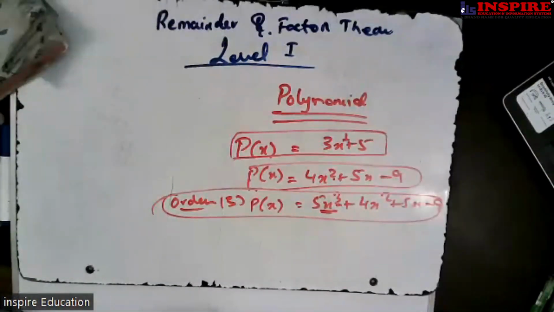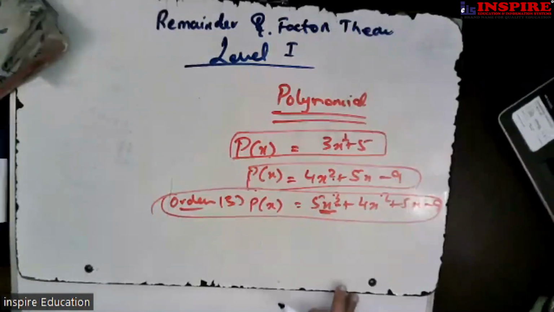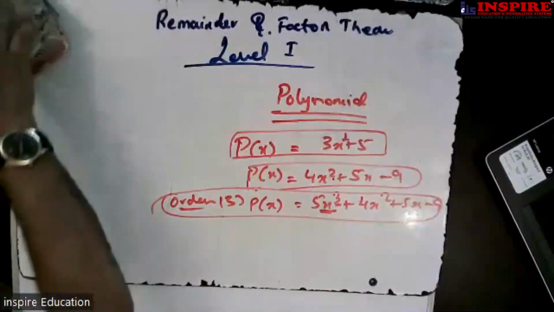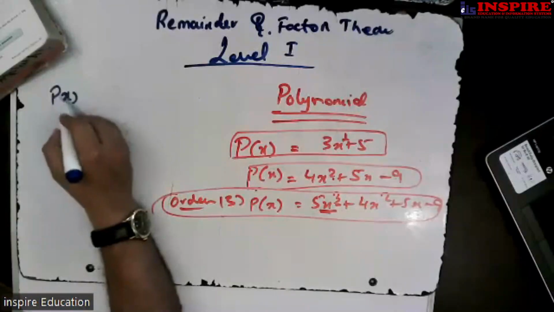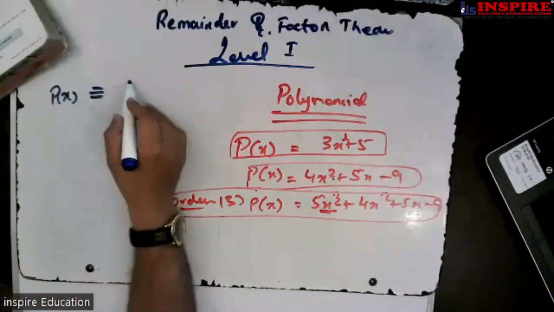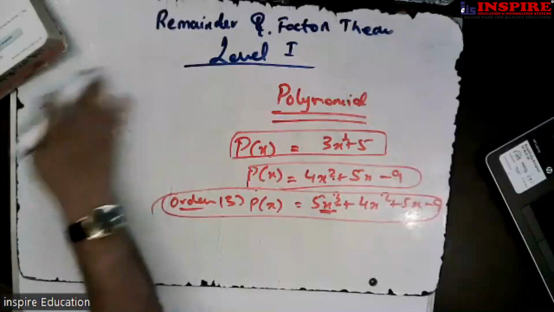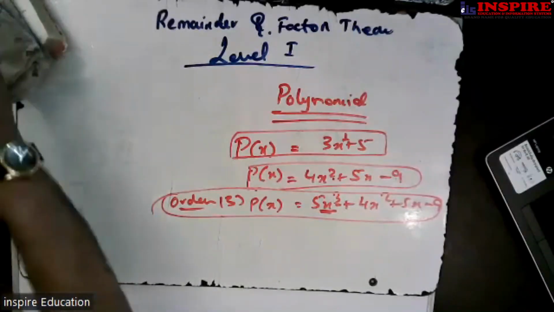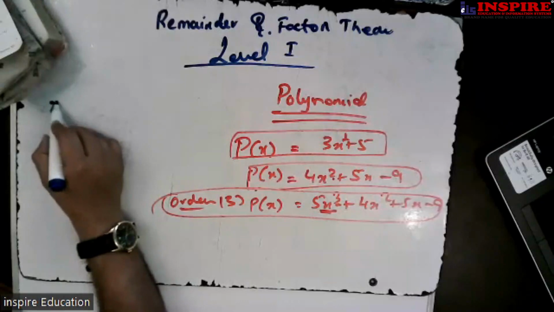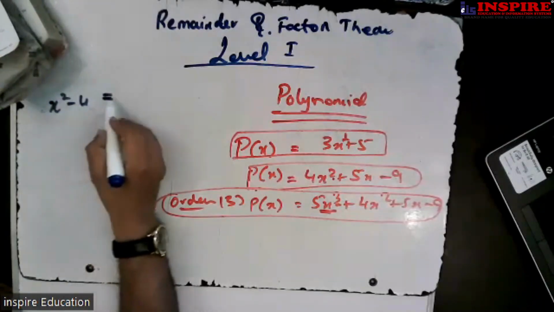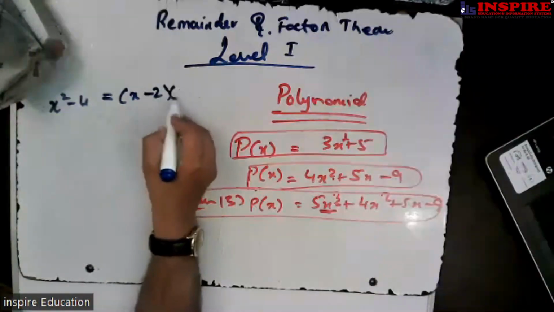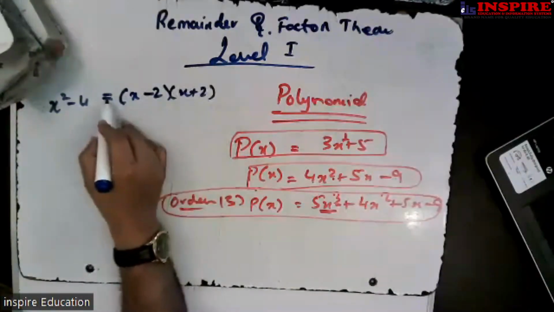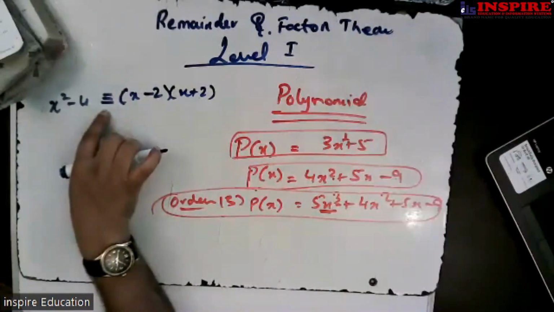There is a word and terminology used again in polynomials, and the word is called identity. For instance, if I say x squared minus 4 is identical to x minus 2 into x plus 2, then you understand that this is called an identity.